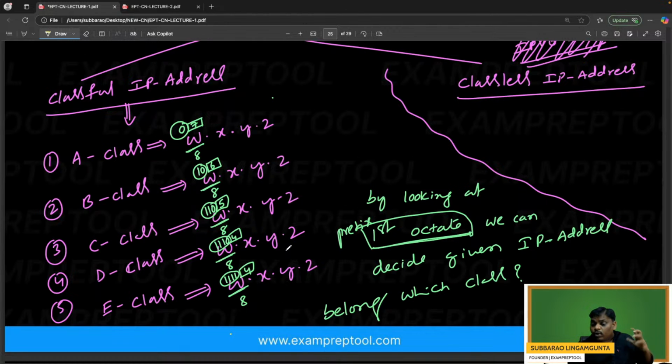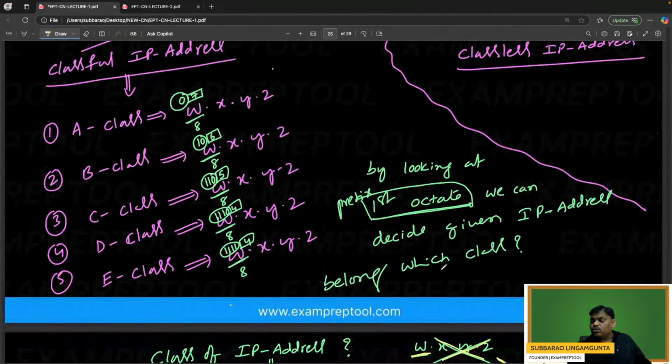But how can I know which class this IP address belongs to? By looking at the first octet, we can decide which class the given IP address belongs to. First octet means prefix. Say I have a phone number. By looking at the first part, I can easily say which country it belongs to.